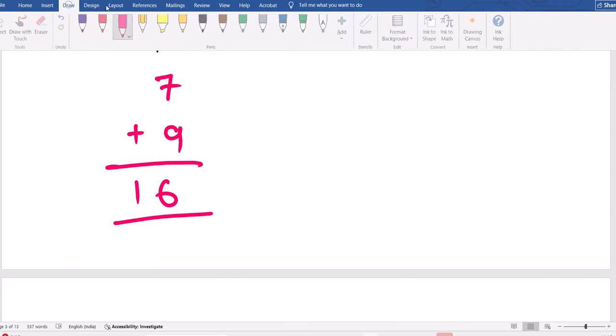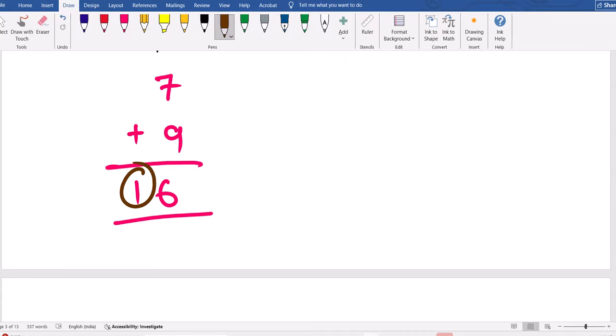This is a very important point for solving crypt arithmetic questions. I know this is very basic, sir, but still you'll make mistakes while solving. It can be 0 also, I agree, but the maximum carry is 1. A simple example: 3 plus 4 is 7, there is no carry. One point you should know. The other thing, let us say you have two numbers which are two digits.